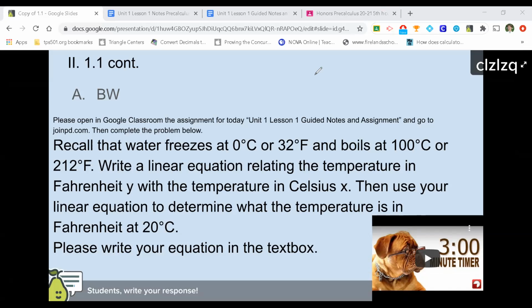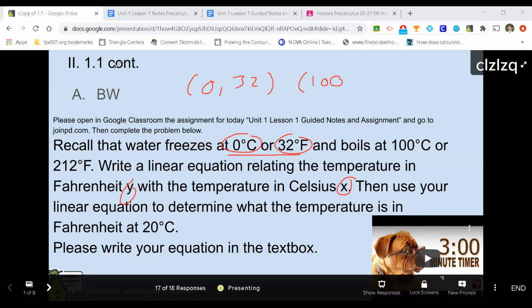You got to be very careful how you write these points. This Celsius is the X. Fahrenheit is the Y. So this is the point (0, 32), not (32, 0). And then over here, this would be the point (100, 212).